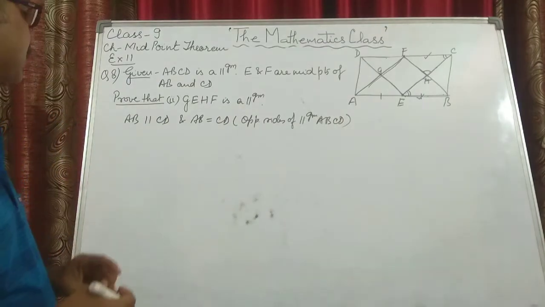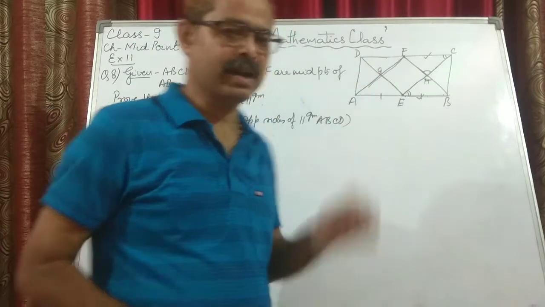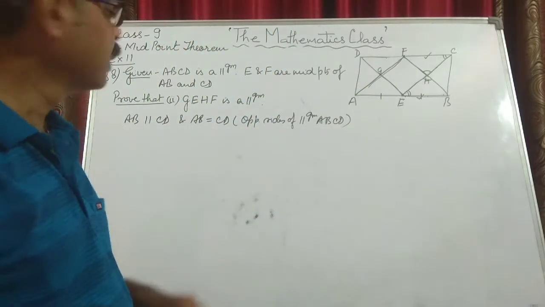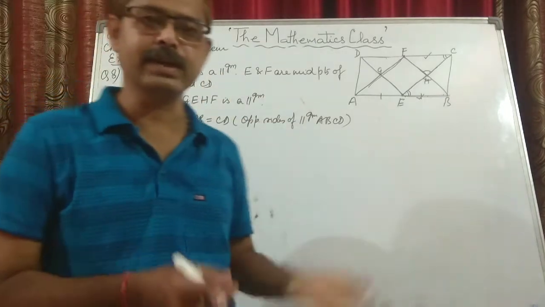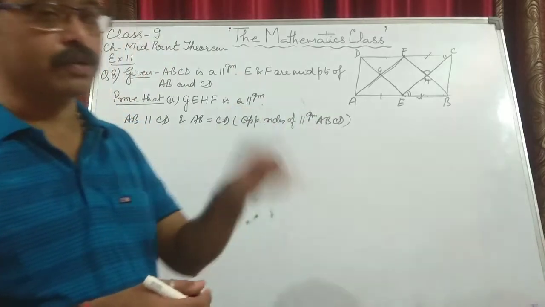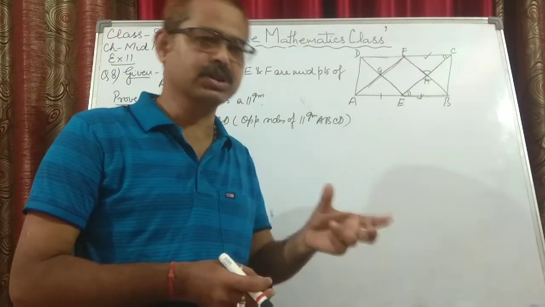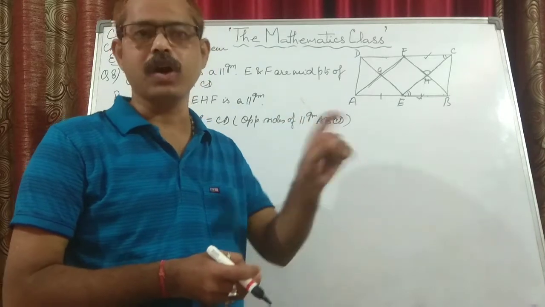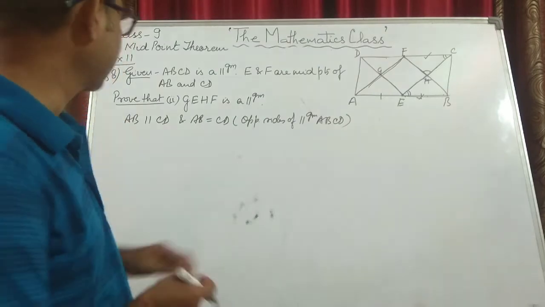First of all, we will mention that AB and CD are parallel and equal. Why? Because it has been given that ABCD is a parallelogram. So we know that in a parallelogram, opposite sides are parallel and equal. One pair of opposite sides being parallel and equal, or both pairs of opposite sides being parallel, is also a property of a parallelogram.